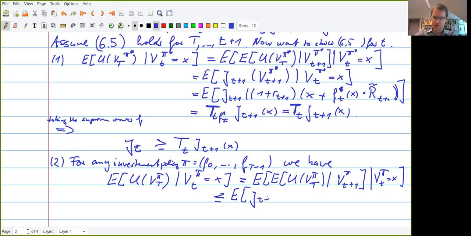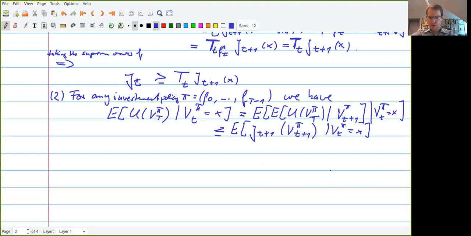So we can take our J_{t+1} applied to the wealth at time t plus 1, given as before that we start at time t with the capital X. Right, we can express the capital at time t plus 1 again in terms of our recursion formula.